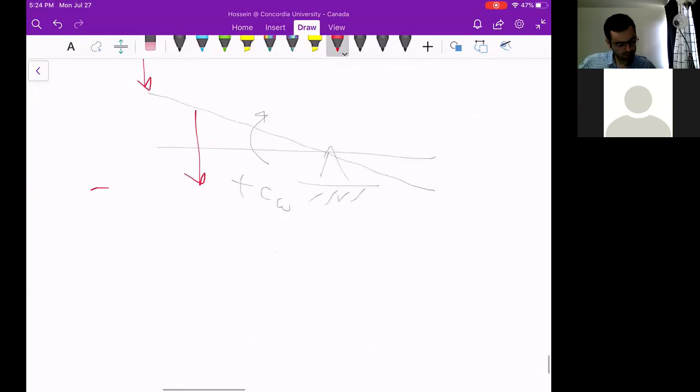So here the summation of moments around point O is equal to I2 theta double dot 2.